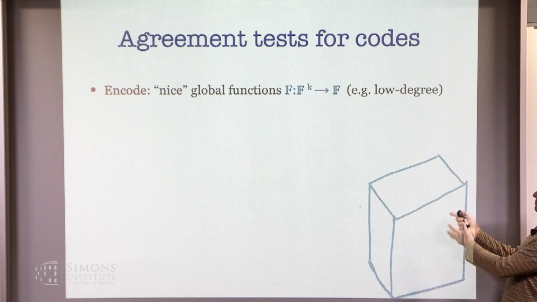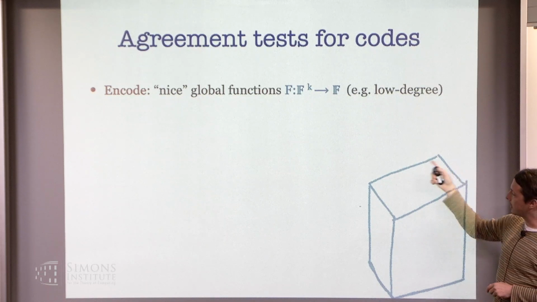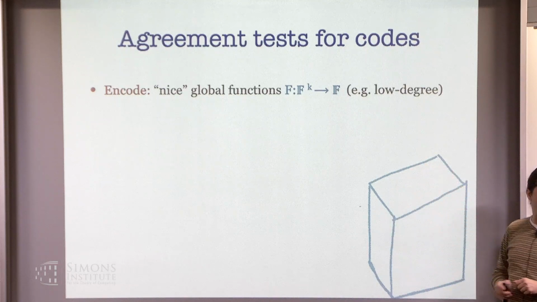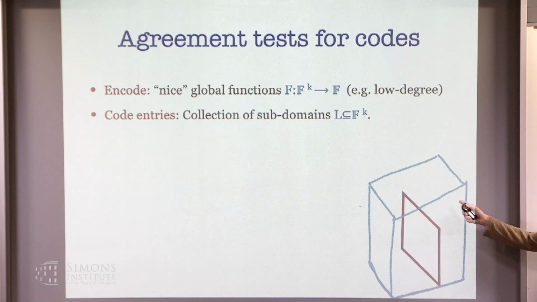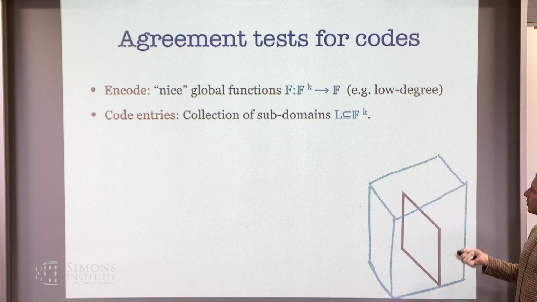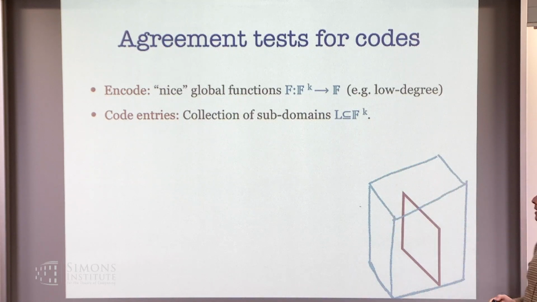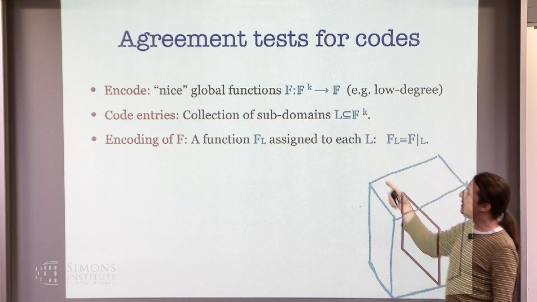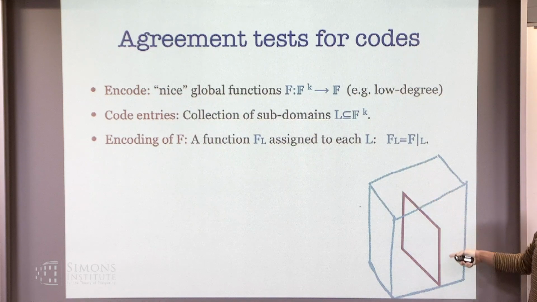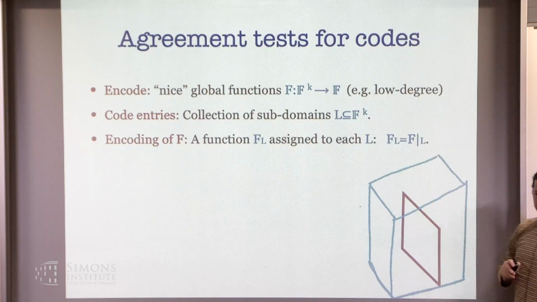So here is the domain. You want to encode a function that is defined over all the points here. The entries of the code will not be points. They will be a collection of subsets of the whole domain. And an encoding of a nice function will assign each of these subsets the restriction of the function to the subset.